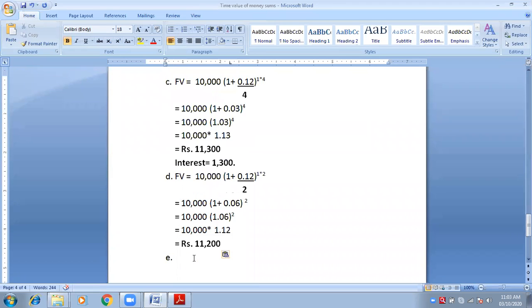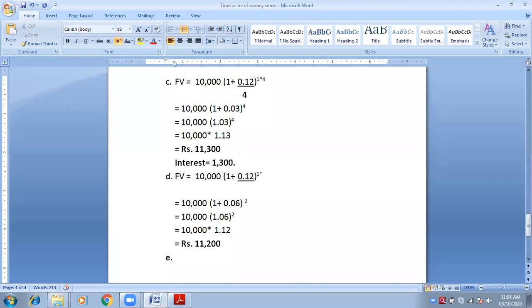Now, the last part is monthly. Monthly means what? 1 month. So you have 1 month. How many times you have to take 1 month so that it becomes the total of 12 months?